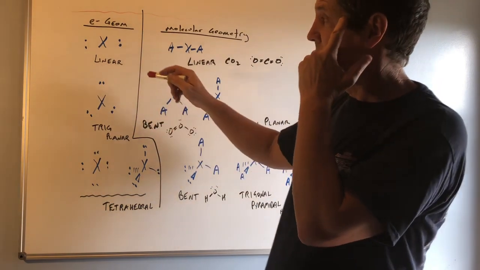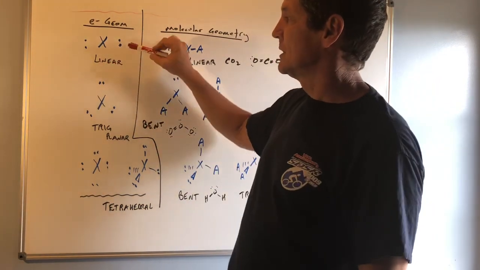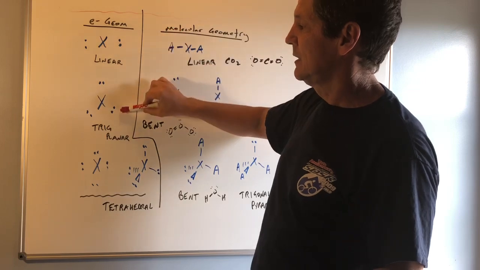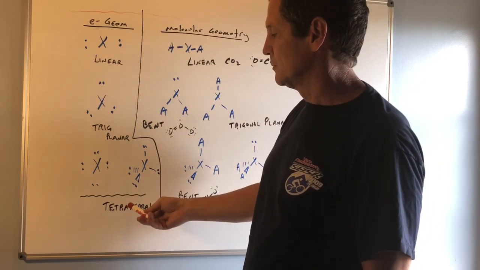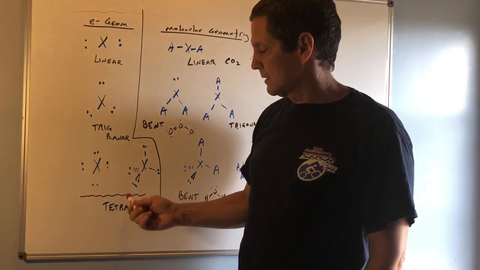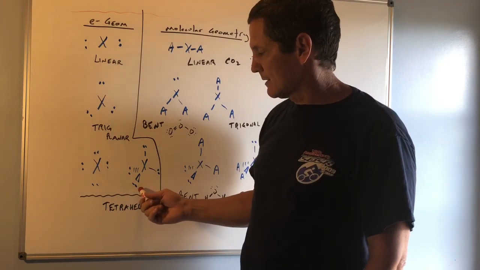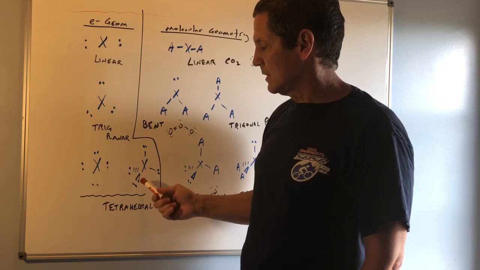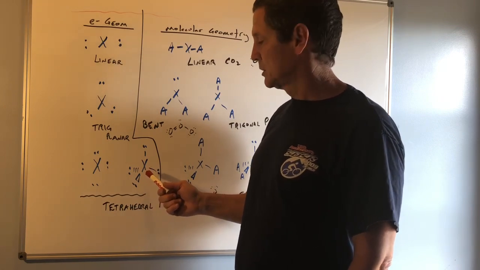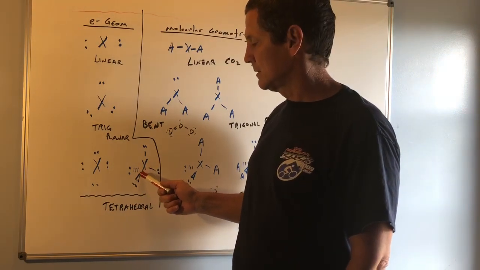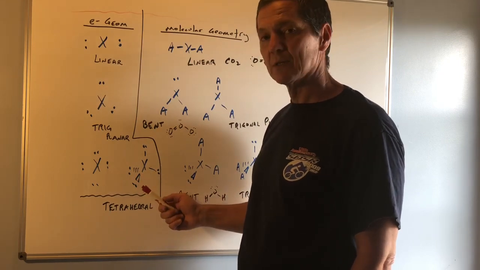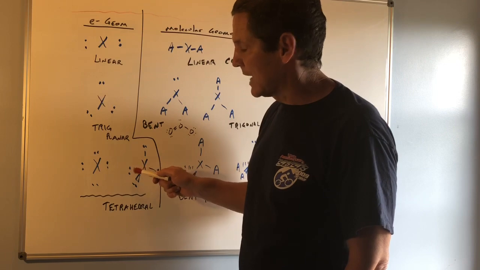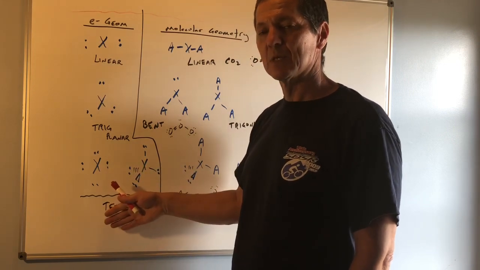All right, so our backbones for electron geometries: if we have two pairs, it's linear. If we have three pairs or groups, it's trigonal planar. And if we have four groups, it's tetrahedral. With the second diagram I have here, we have a convention where we show three-dimensional shape by having a triangle, meaning something is coming out of the page, either a pair of electrons or an atom, and we have this dashed line showing the opposite, that something is behind the page.